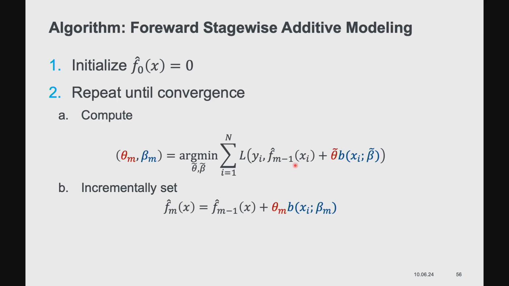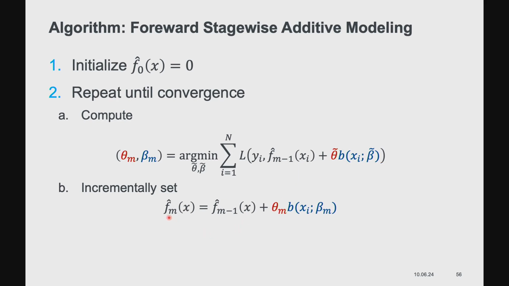But the prediction that we have so far is then enriched by the prediction of the base function with a new parameterization and a new weight. And these beta tilde and theta tilde will look for the ones that minimize this overall loss, given that I have my prediction and I now extend this prediction by one additional base function, just like the AdaBoost scheme before.